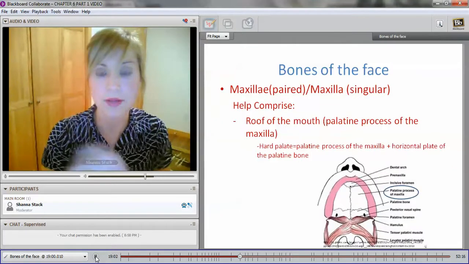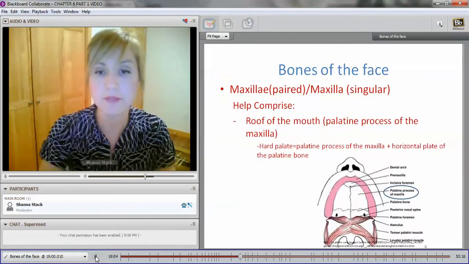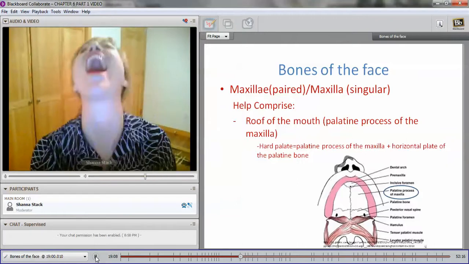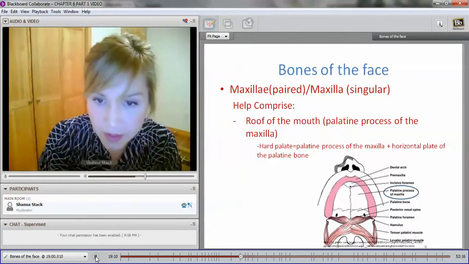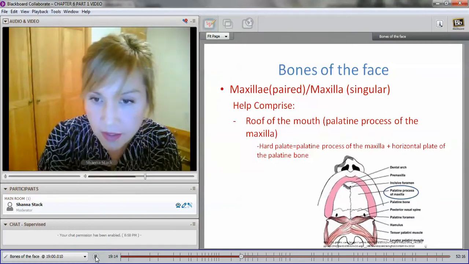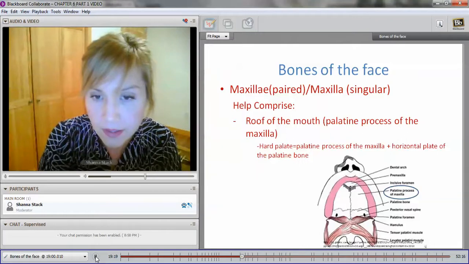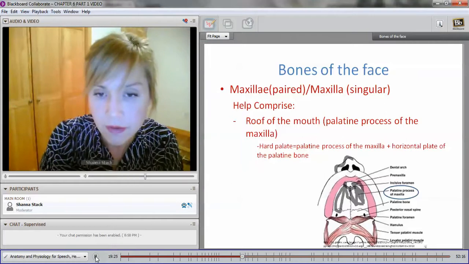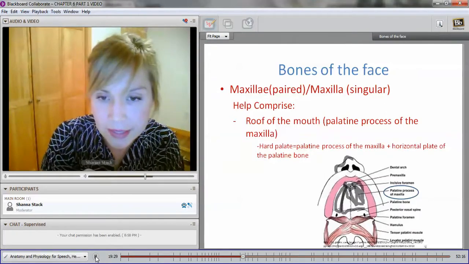All right, so here's another picture of the hard palate. So here's the person's nose, as if they're looking like this. Okay, so here's the palatine process. All of this, so there, that's the palatine process of the maxilla.